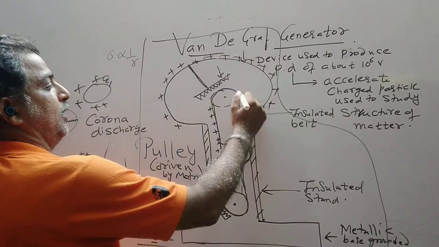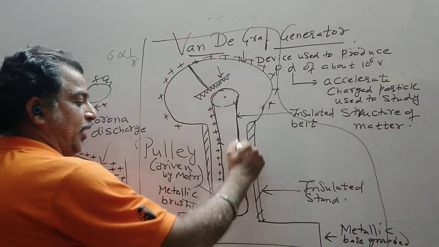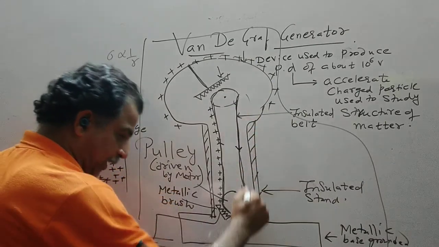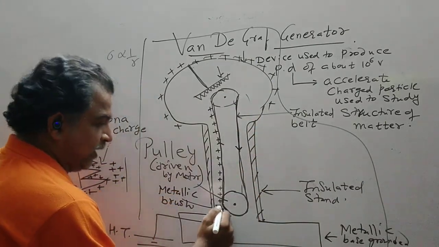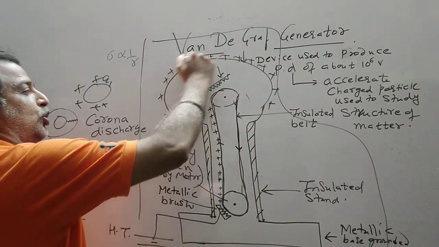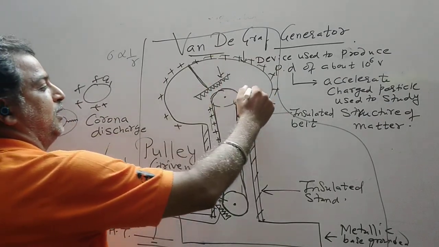Now if I consider this portion, this belt is now neutral, so it is rotating again, corona discharge takes place, positive charge comes up, so this sphere becomes positively charged.